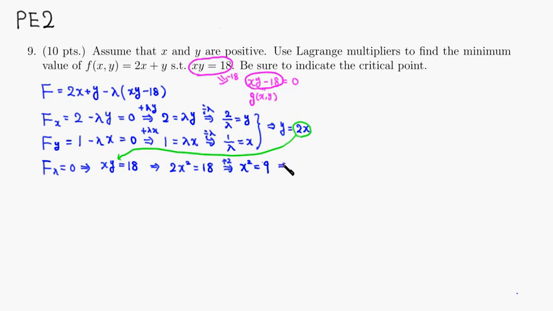Then we take the square root of both sides and get x equals plus or minus 3. But we know x is a positive value, so x is 3. Then plug this back in, so y is equal to 2 times 3, which is 6. So the critical point is x equals 3 and y equals 6.